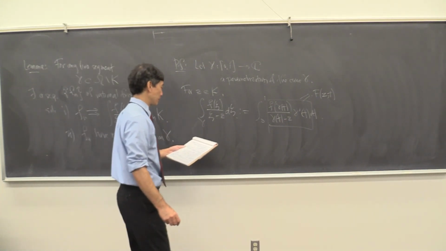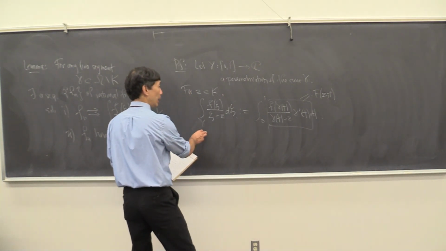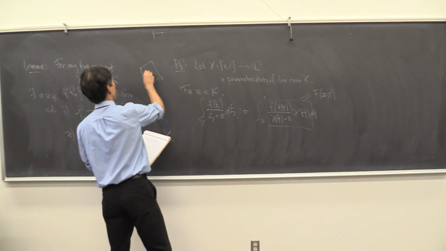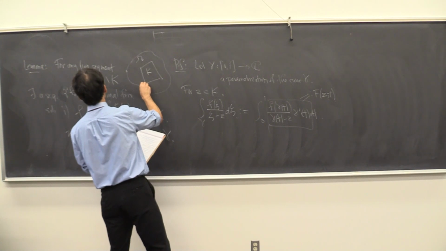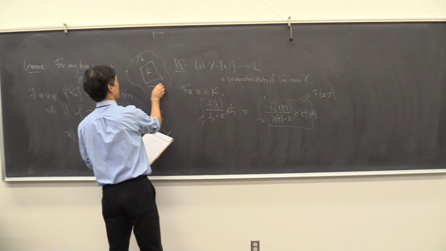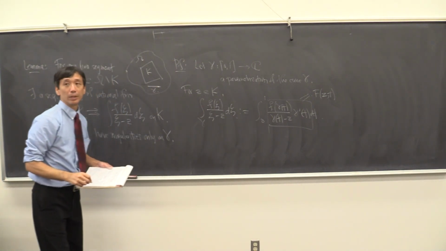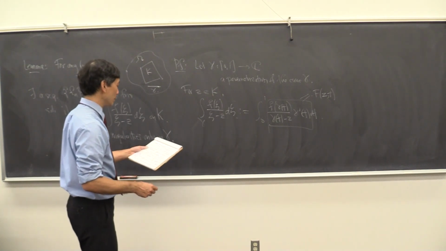Now, here's our compact set, here's omega, and gamma is some segment out here.